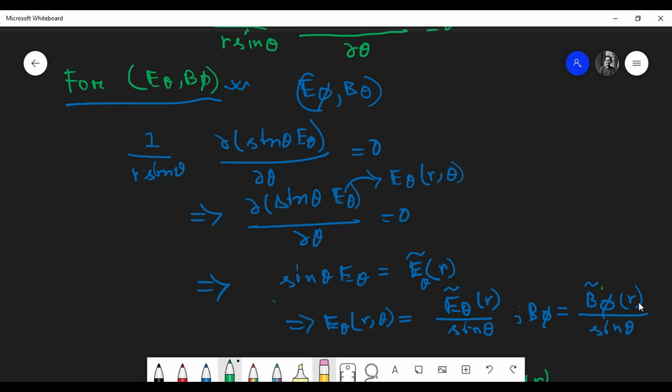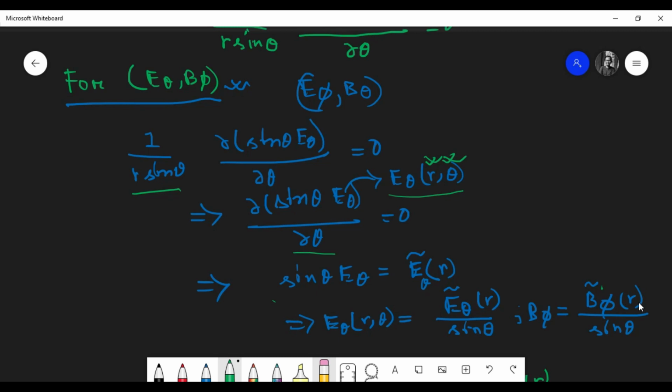Now for the case E theta B phi, which is one of the independent solutions in this scenario, I can solve the E theta equation by direct integration. So as you can see, this part is actually not 0, so we can multiply both sides by it. And as you can see, the partial derivative with respect to theta here is 0, and E theta is actually a function of r and theta because there is no phi dependence.